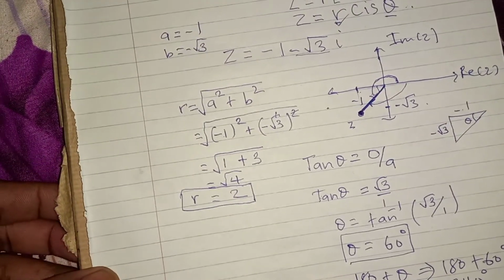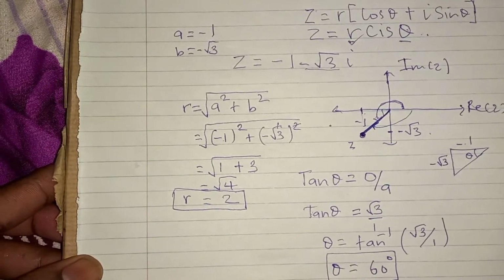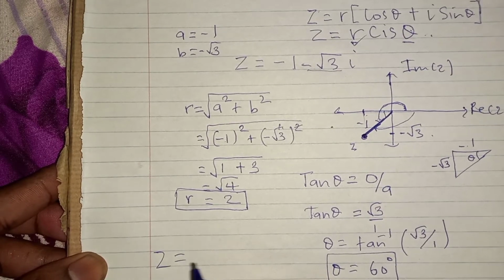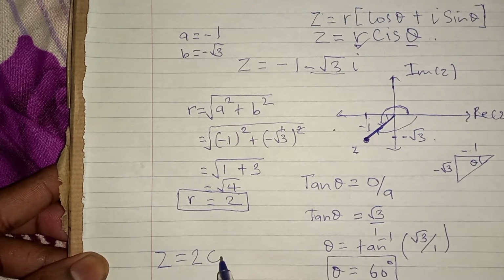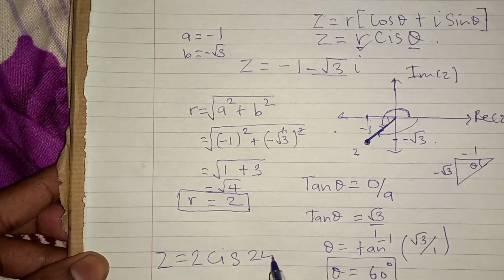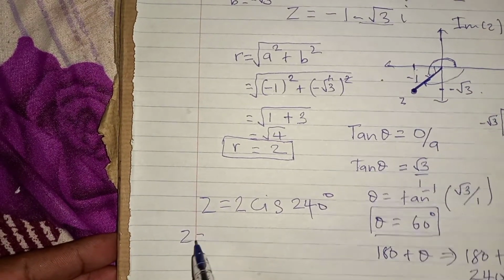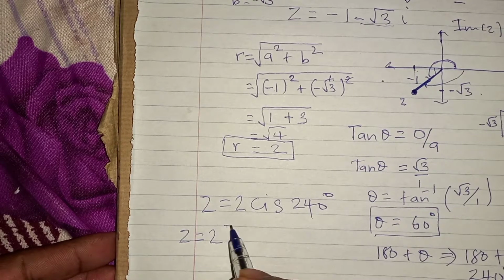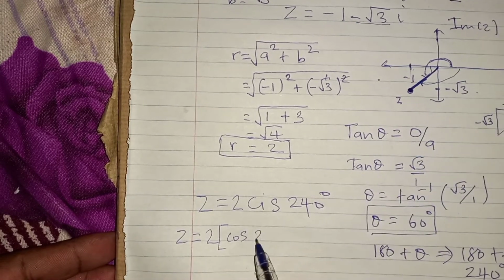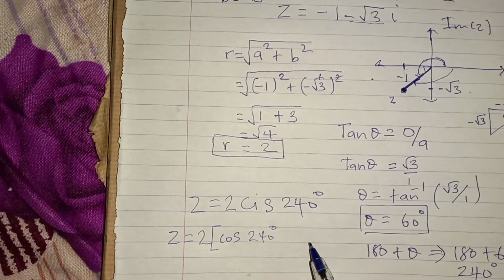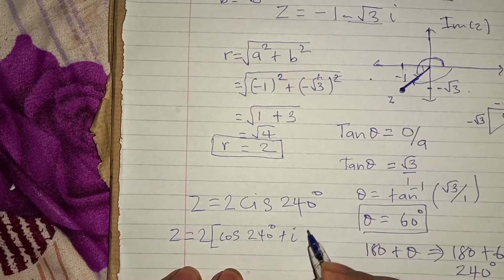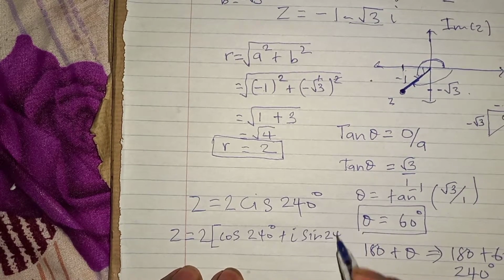So we can write this in polar form. Z is equal to 2 cis 240 degrees, or we can say Z is equal to 2 cos 240 degrees plus imaginary sine 240 degrees.